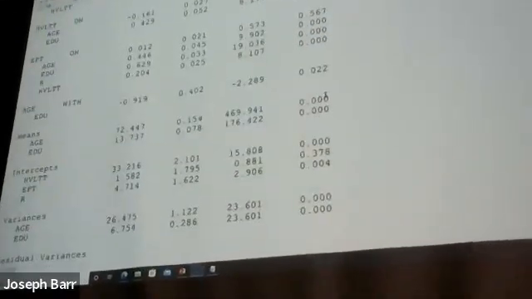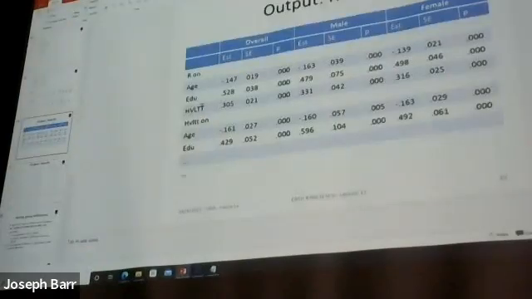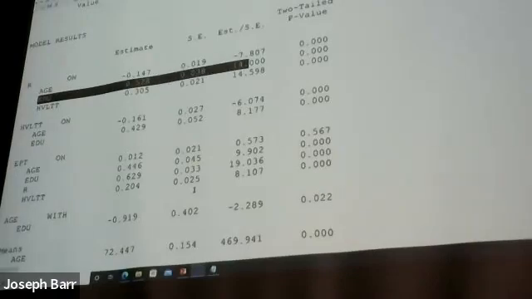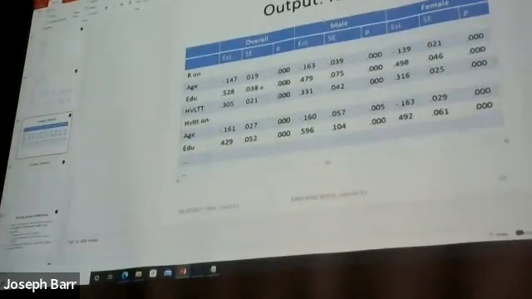So let's check R on EDU. It is 0.528. Let's look at this column.